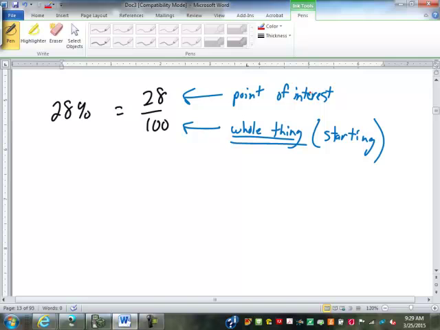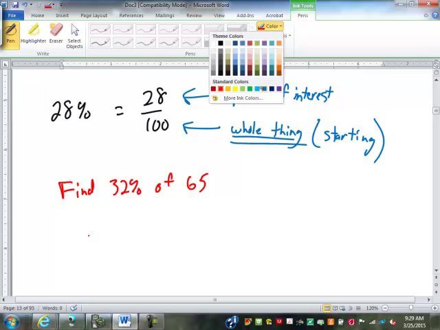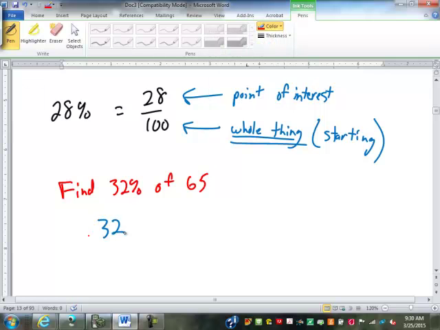So if you look at simple word problems for percents, and by simple I mean just the numbers, no story behind them, we might be asked, find 32% of 65. 32% is 32 out of 100.